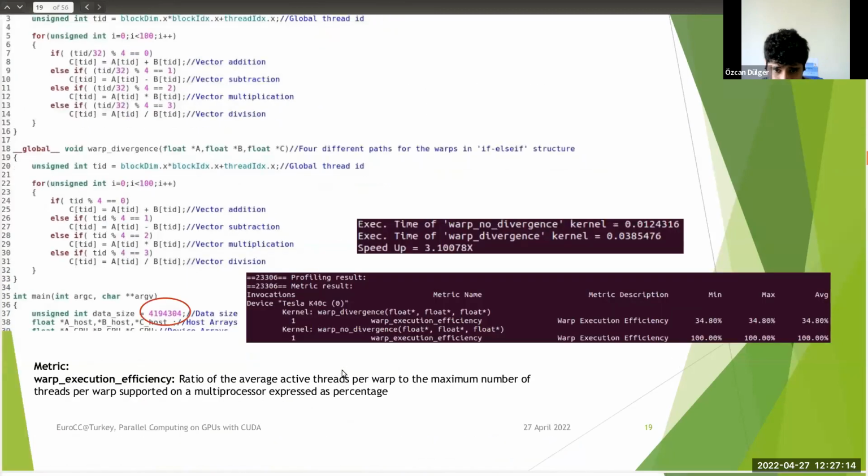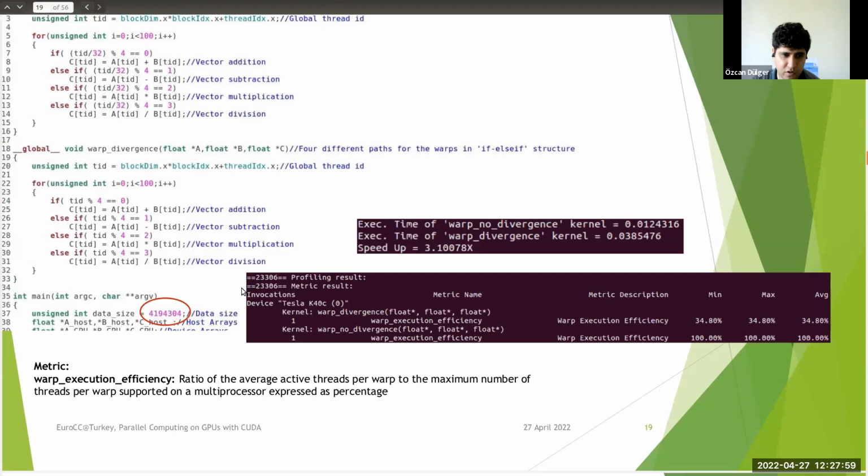First, let's check the execution time. The execution time of the non-divergence kernel is 0.012 seconds, and the execution time of the warp divergence kernel is 0.038 seconds. So the speedup of the non-divergence kernel is around 3.